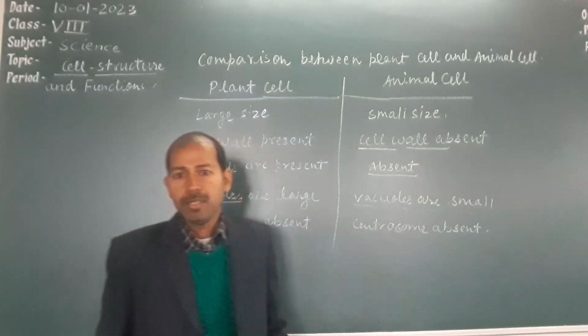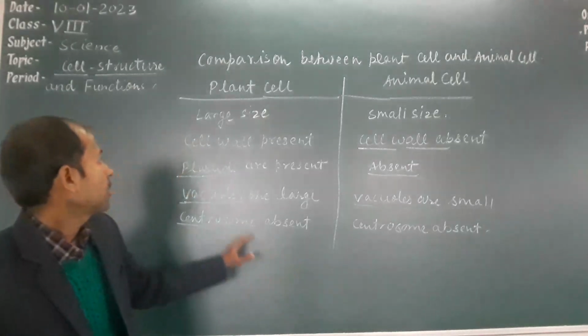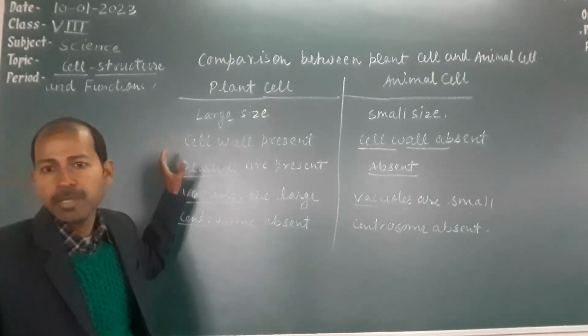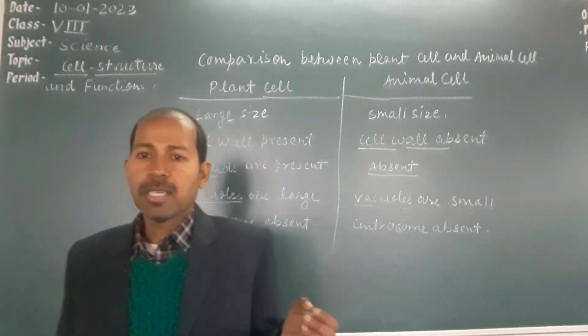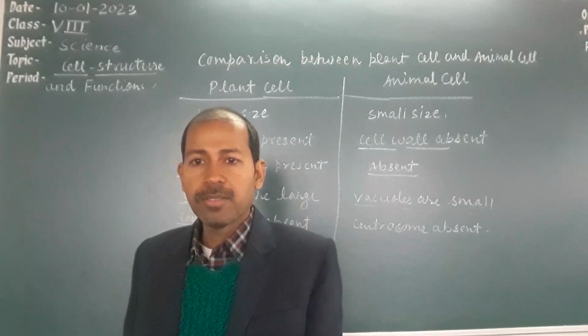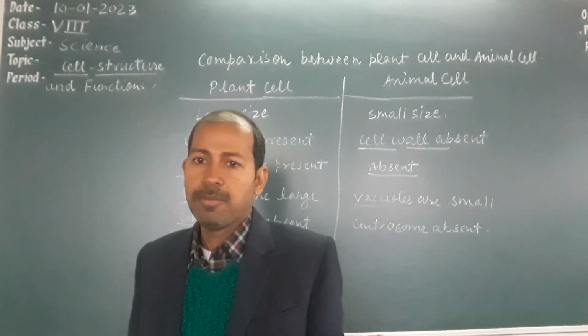So in this comparison you have seen these are the parameters on the basis of which we can easily differentiate between the plant cell and animal cell.